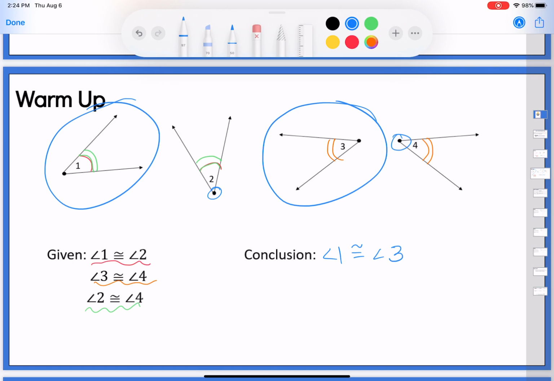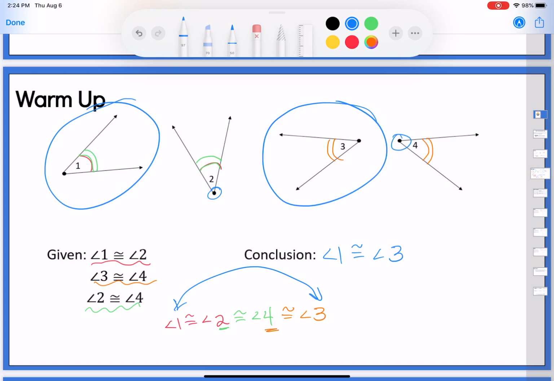I guess I also know that angle 2 is congruent to angle 3, etc. But if you want to link it all up to really get to this one, you could see I had angle 1 is congruent to angle 2, and then angle 2 is congruent to angle 4, and then angle 4 is congruent to angle 3, and so I could say first to last, angle 1 is congruent to angle 3. Now you could have a lot of those combos, but really all the other three were given to you at some point in those givens.